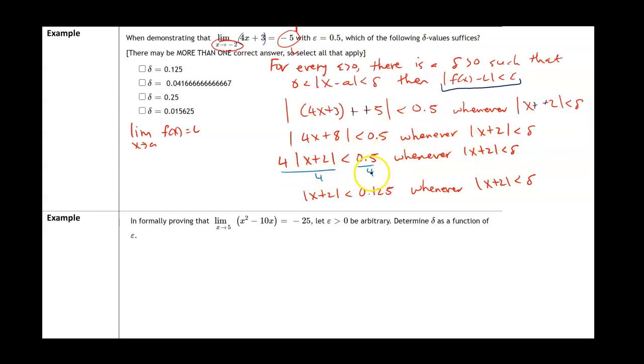So if you divide both sides by 4, then we have the absolute value of x plus 2 is less than 0.125 whenever |x plus 2| is less than delta. So we have x plus 2, and x plus 2, which means our value of delta is going to be 0.125.